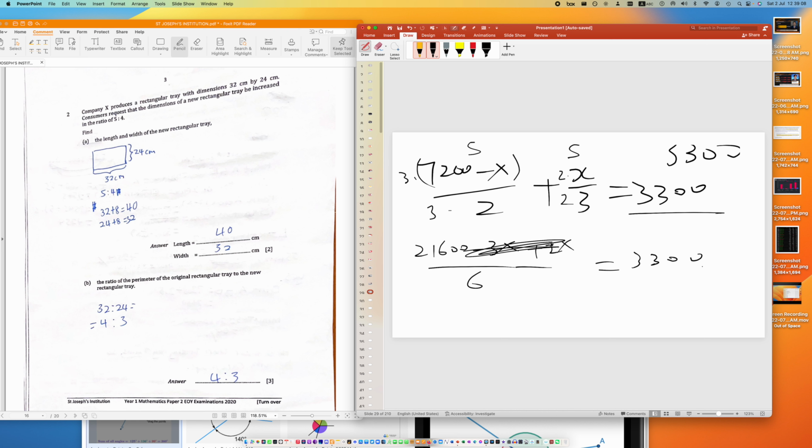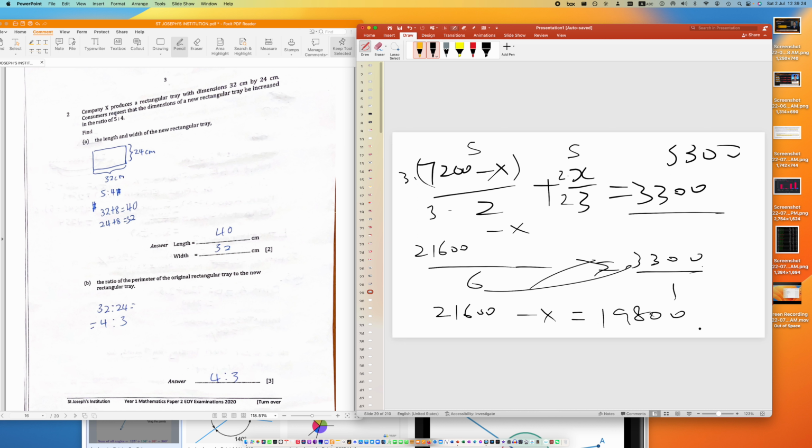So this one you get minus x. Just cross multiply. So it's 21600 minus x is equal to 19800. So you just take this minus that one. That's the x.